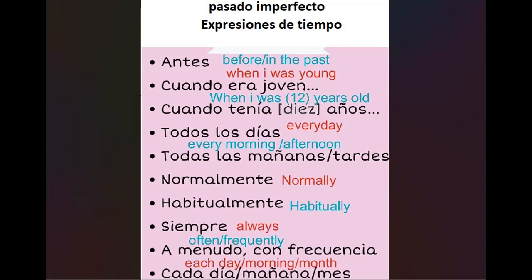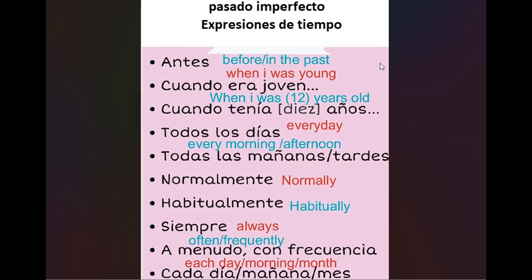If you want to describe a person in the past, if you want to describe a place, an object or thing, if you want to describe a situation, you can use pretérito imperfecto, okay? And the third situation that we have is to express two things that used to happen at the same time in the past, okay? First, I'll give you an example for this time expressions.